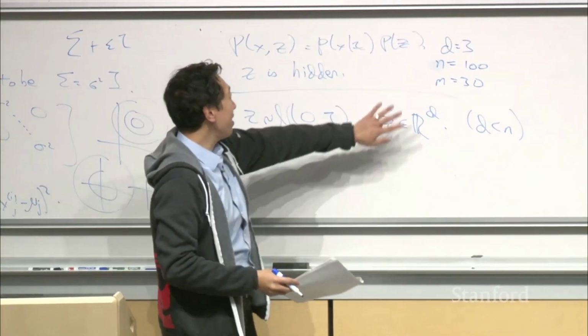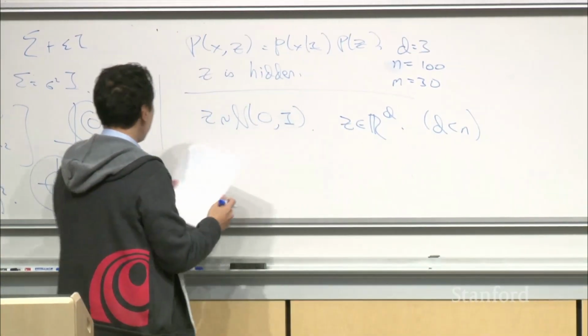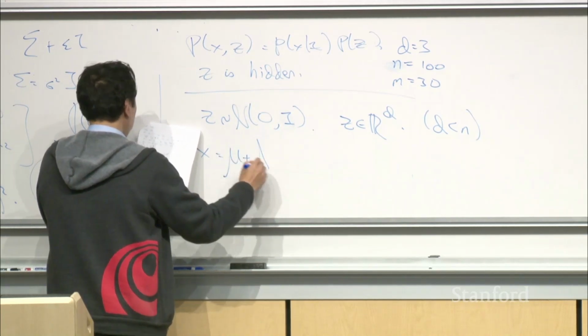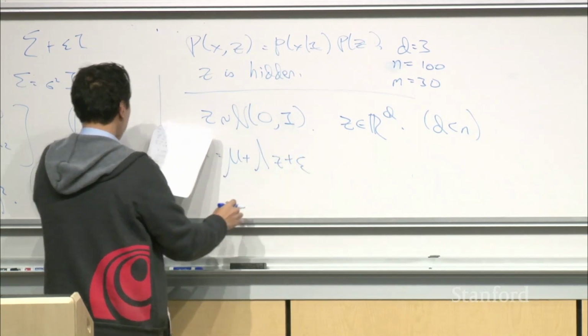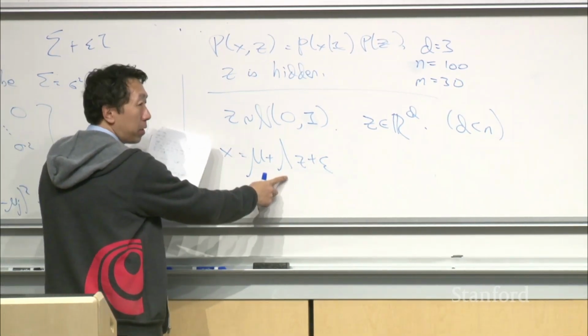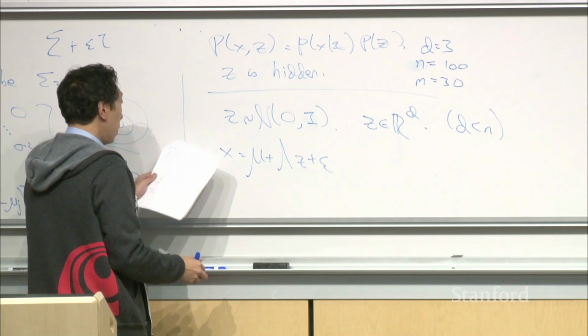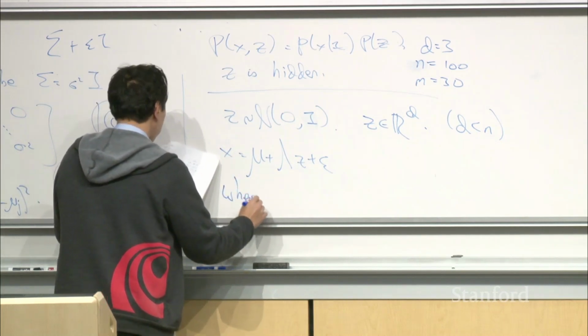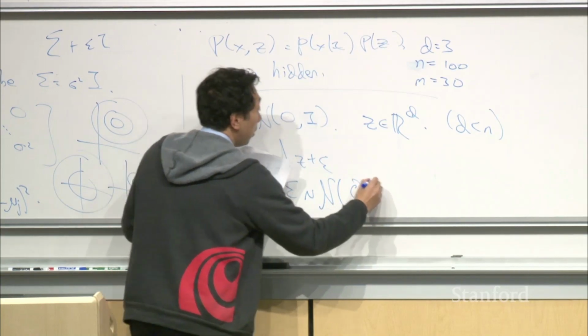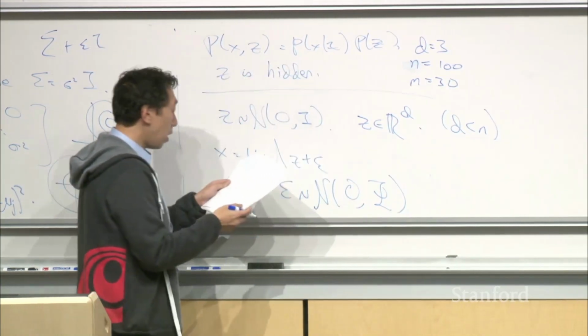And what we're going to assume is that x is equal to mu plus lambda z, where lambda is the capital Greek letter lambda, plus epsilon, where epsilon is distributed Gaussian with mean 0 and covariance psi.